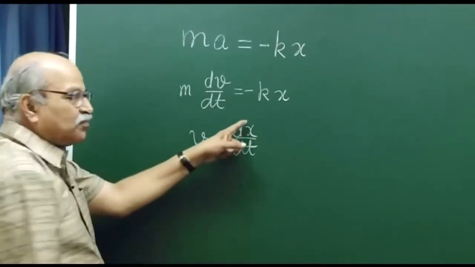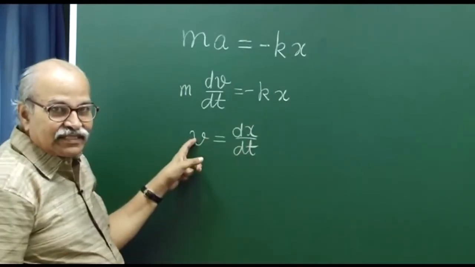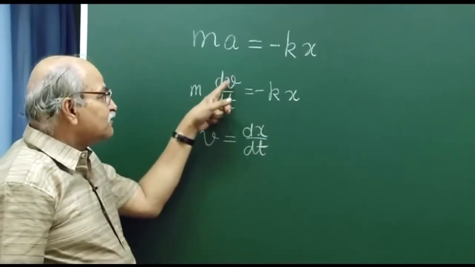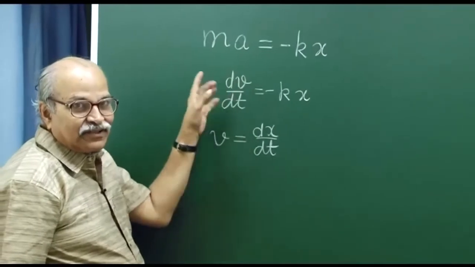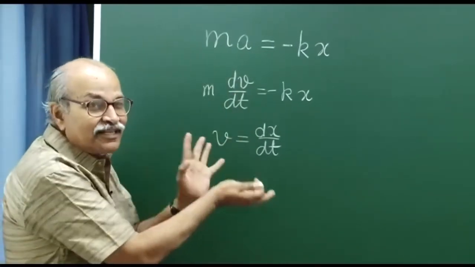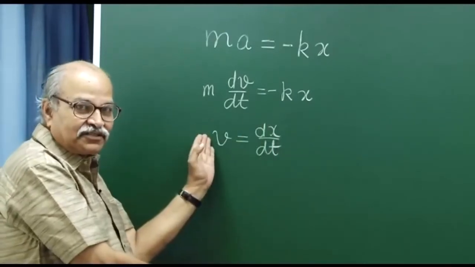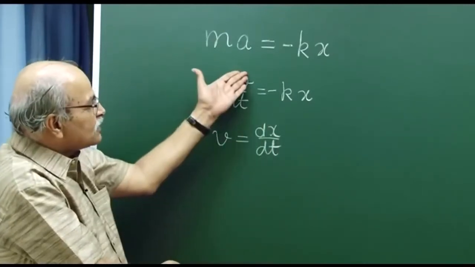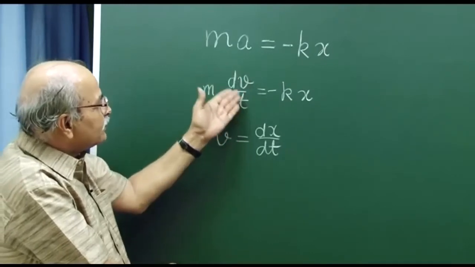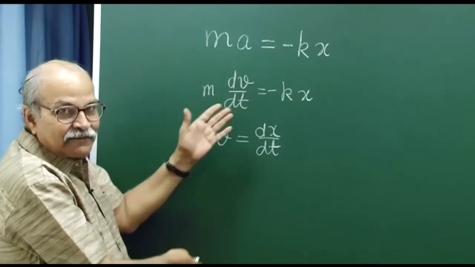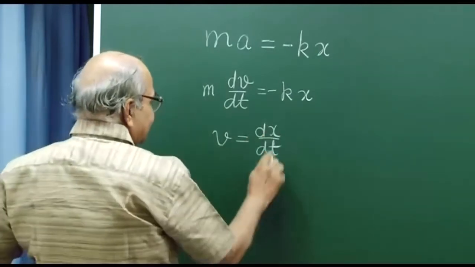Rate of change of position is velocity, and rate of change of velocity is acceleration. These are some rules of calculus. If you know x as a function of time, you can get velocity as a function of time, and if you know velocity as a function of time, you can get the acceleration as a function of time.